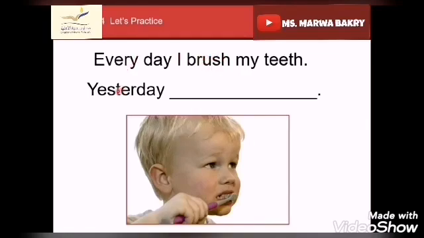But if we start with yesterday, this means that I have to change this verb into the past. Okay, brush here, if I want to change it into the past, only add what? Excellent, only add ed. I can say yesterday I brushed my teeth. Here we add ed to the verb brush.